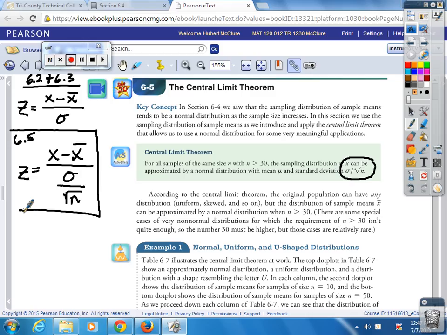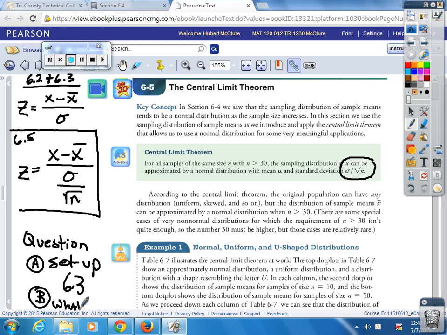Now what they'll do is the question will set you up. It's going to set you up, and that's going to be like A. And then B is going to be what if, blah, blah, blah. And then that's going to be this guy right here.